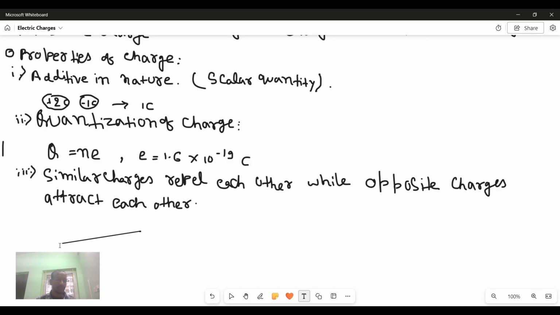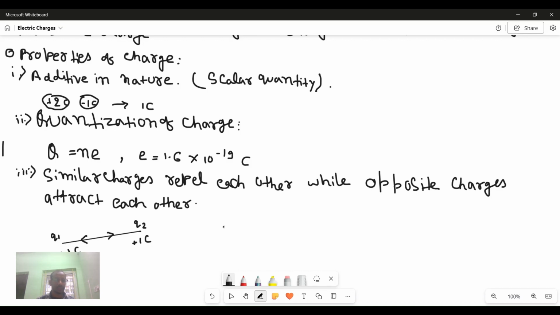Let's take an example. We have two charges Q1 and Q2. The charge Q1 is plus 1 coulomb and the charge Q2 is also plus 1 coulomb. If both charges are of the same type, then they repel each other, and the direction of force is along the line joining the charges Q1 and Q2.